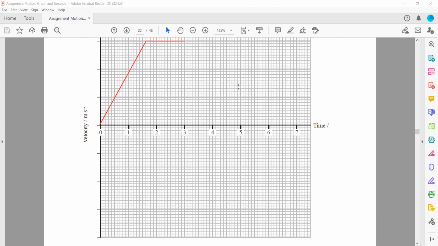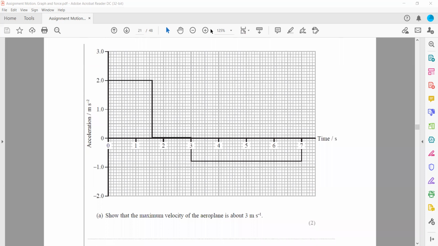Then the last part, it is a negative acceleration. What is the meaning of negative acceleration? Negative acceleration is called deceleration. So the object will slow down from 3 seconds to 7 seconds. Here we had A to B, then B to C, and this is from C to D. What happened from C to D? Because it's a constant deceleration, the slope should be constant, but it will be a negative value.